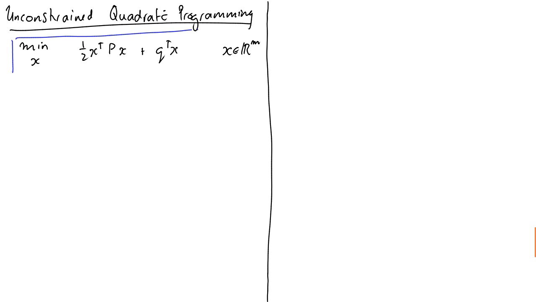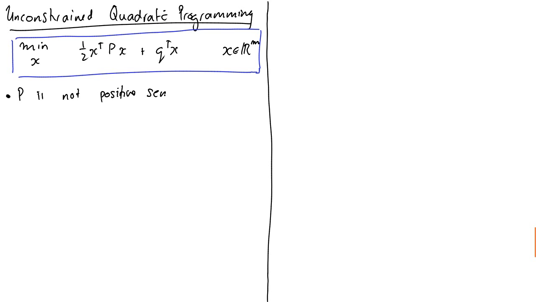So here's our problem, a nice, simple to state one. First case, what if P is not positive semi-definite? Now remember, positive semi-definite includes positive definite, so that means it's not positive definite either.